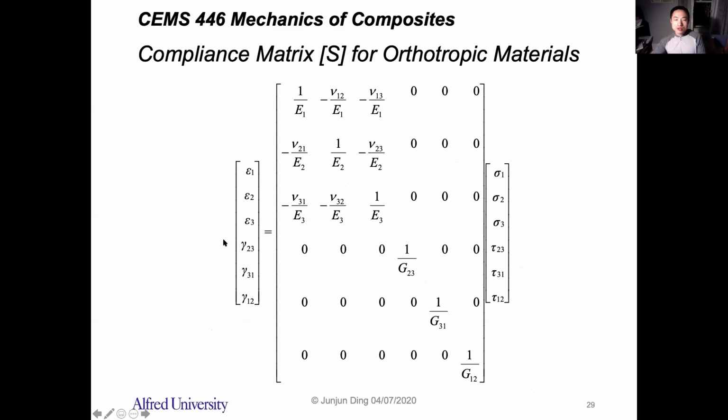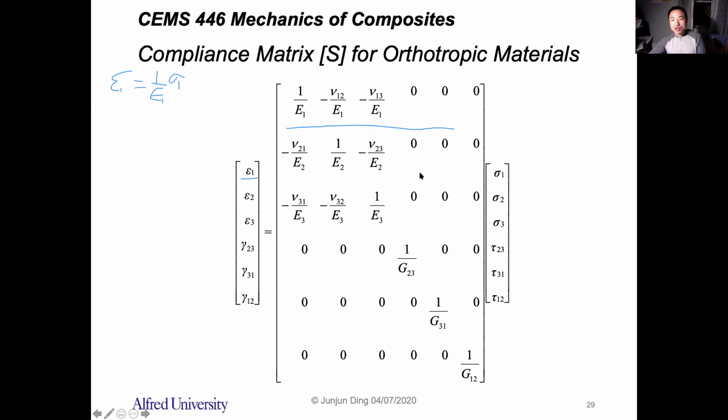So here, for the first row, you have strain in the one direction calculated based on the Young's modulus E1 in the one direction times stress, right? So this makes sense, right?